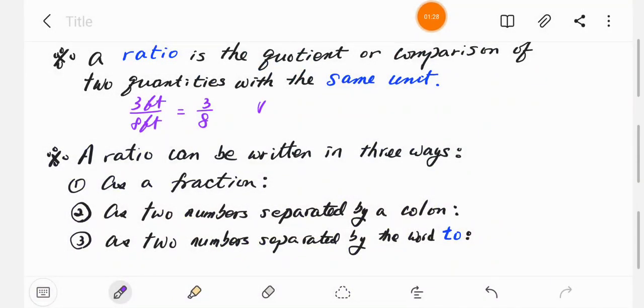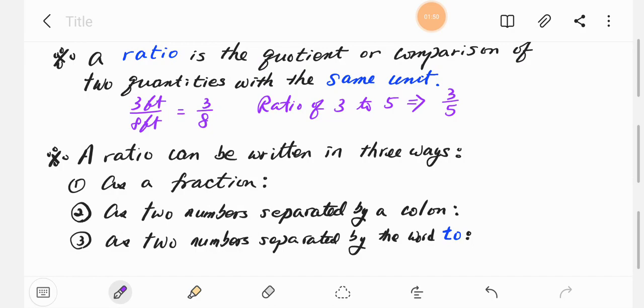Let me try another one. Let me write the ratio of 3 to 5. 3 and 5 are the same unit, so you don't have to worry about the unit. You can write it in 3 different ways.